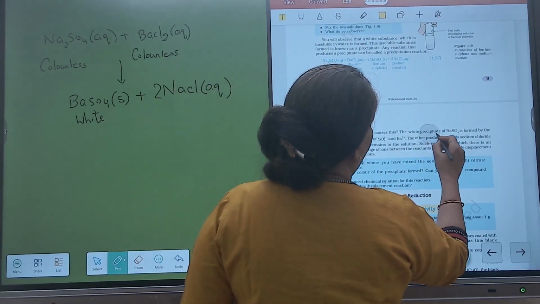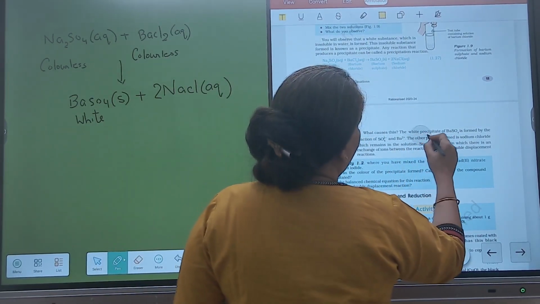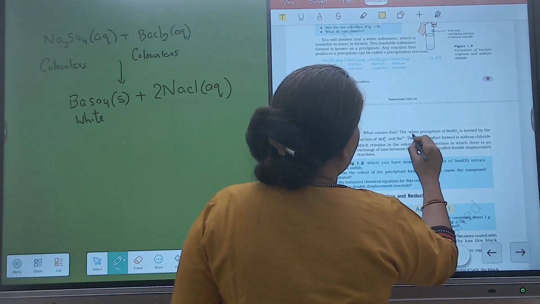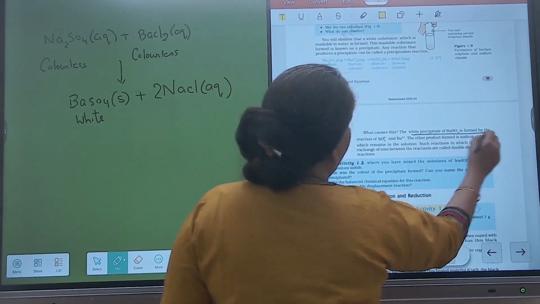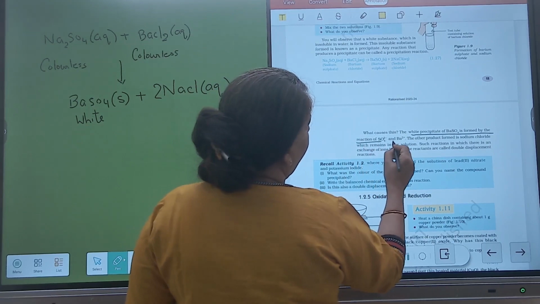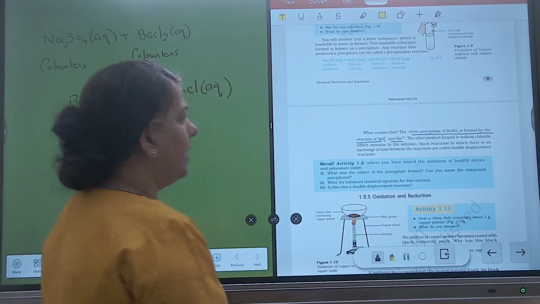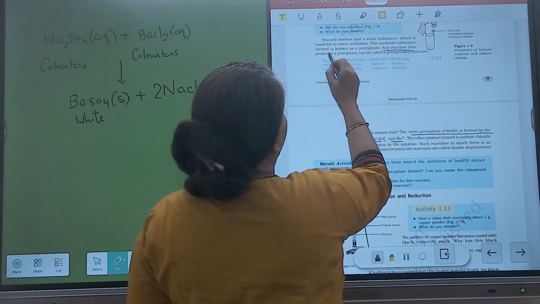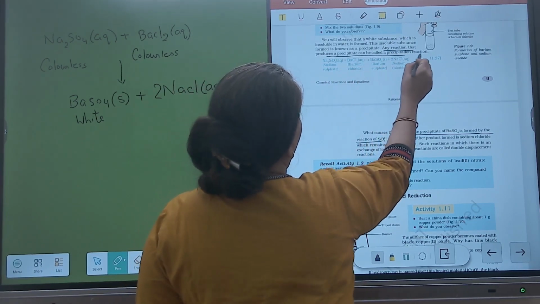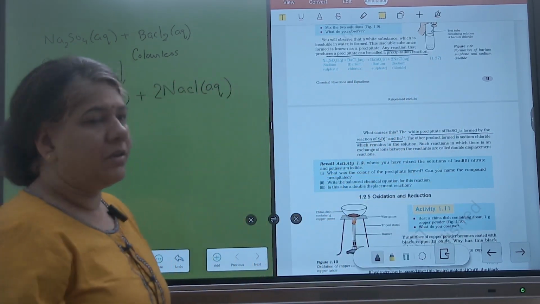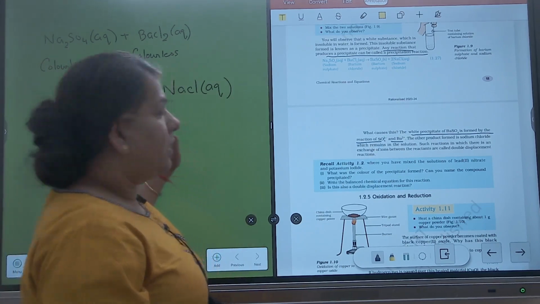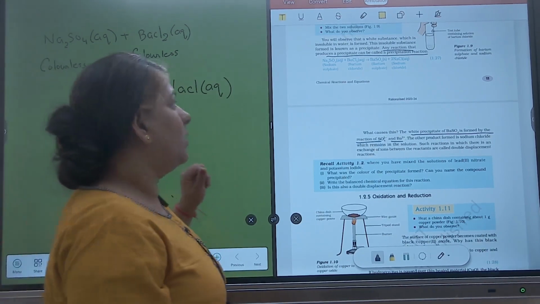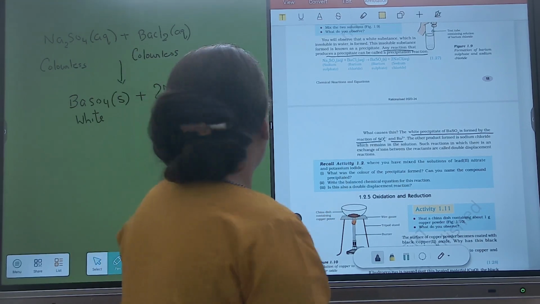White precipitate of barium sulfate is formed by the reaction of sulfate ions and barium ions. Any reaction that produces a precipitate is called a precipitation reaction. So this is a double displacement reaction and also a precipitation reaction.